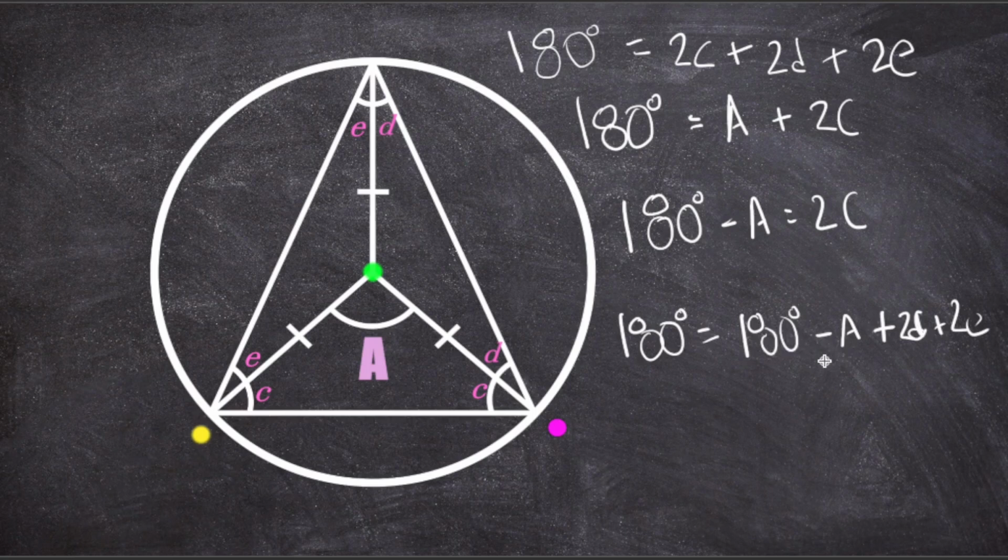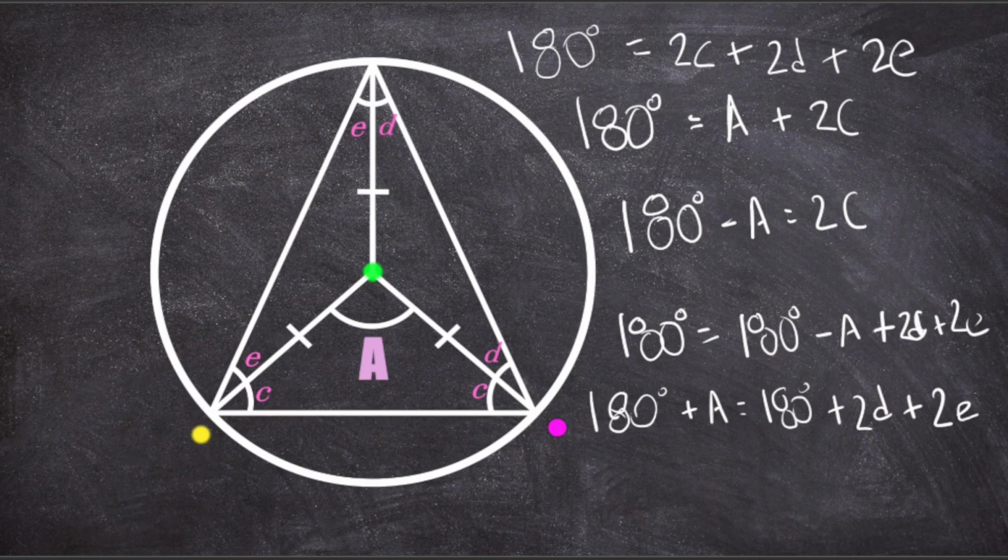In order to do that, we need to add A to both sides, because adding A here will make it disappear and we'll get it on that side. So 180 degrees plus A equals 180 degrees plus 2D plus 2E.